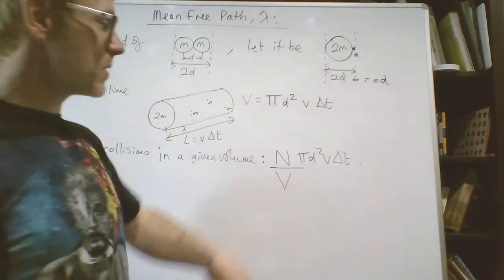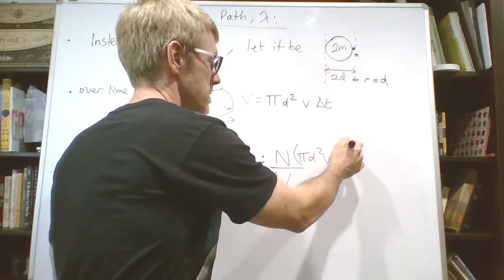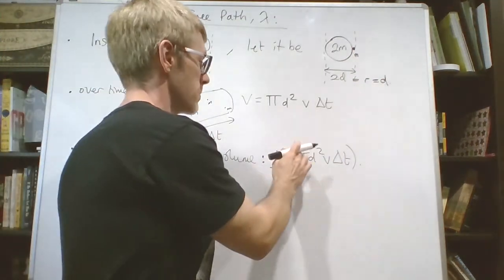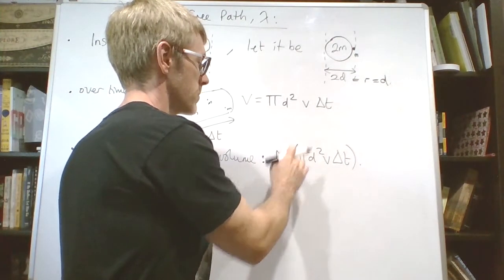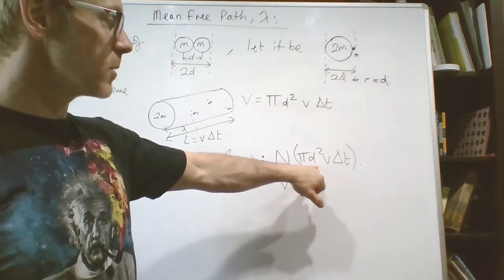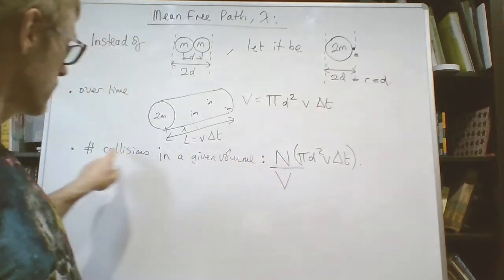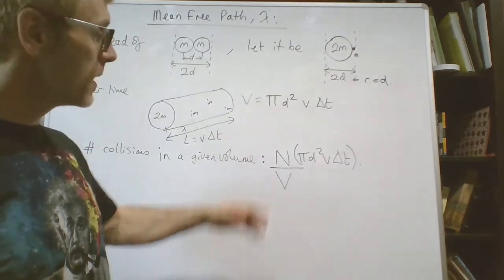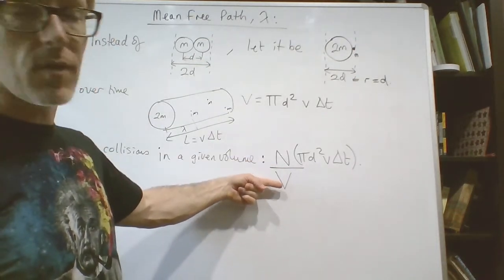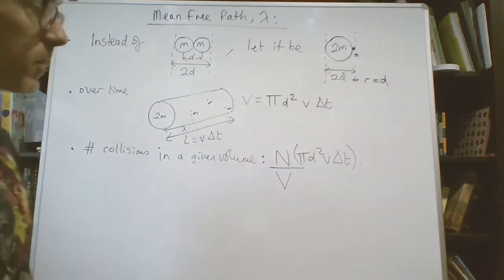I'll put it in parentheses so it's clear. So this is just our volume here. So in effect, the volume could cancel here. Then I've just got a number, which is what I want, a number. But I've normalized it per unit volume, and then I've scaled it to any volume I have.